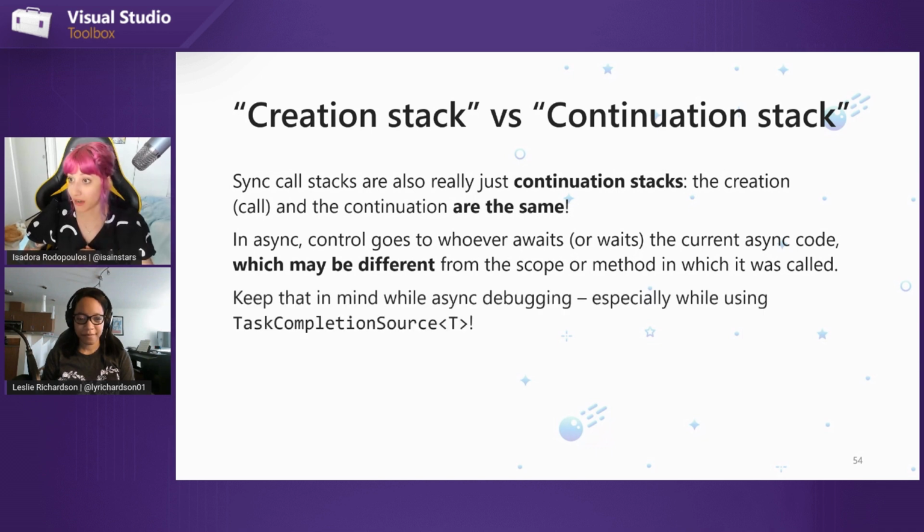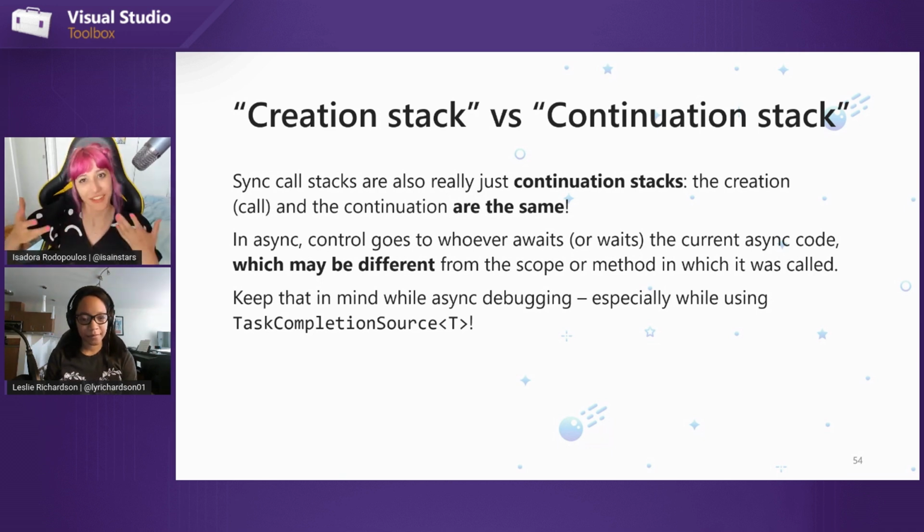For example, if you're more familiar with async code, you might have used TaskCompletionSource before, and it's basically something that just awaits for random tasks. So you won't see who created them mostly. You just see the async tasks itself. So you miss the creation stack in that scenario, for example.